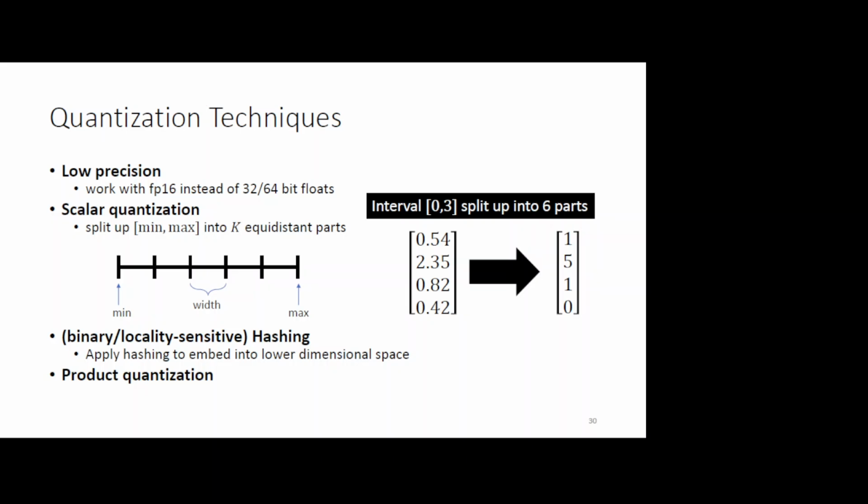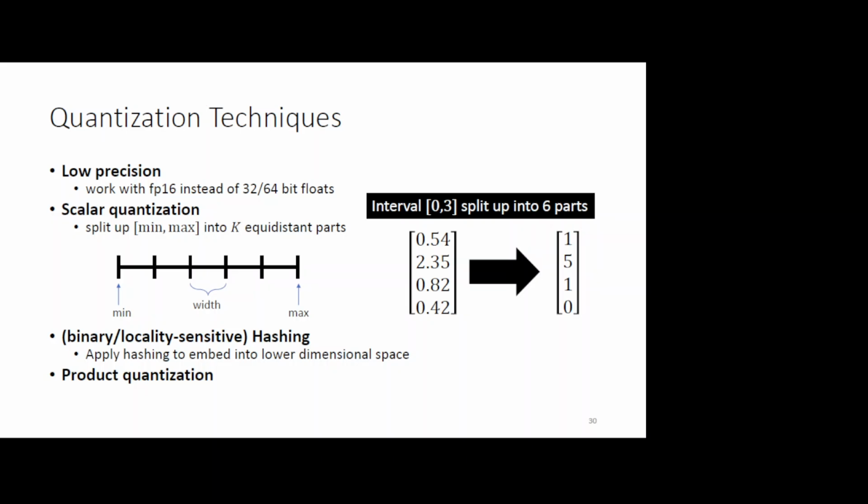Okay, here is an example. Suppose we divide the interval from 0 to 3 into 6 parts. Given a vector here, 0.54, I can encode it into 1. For 2.35, I encode it into 5.